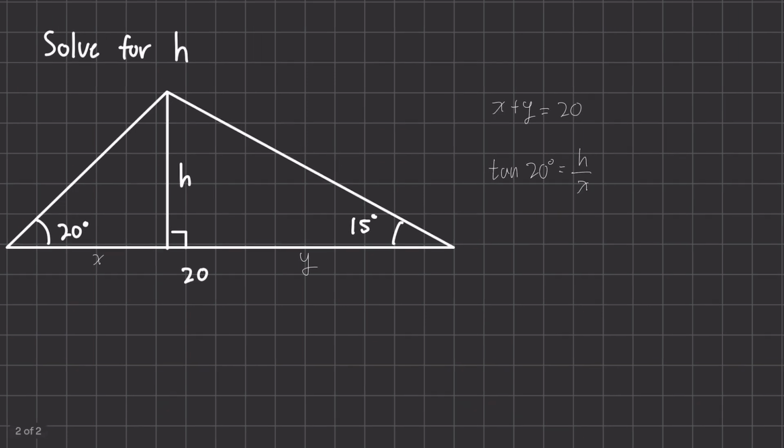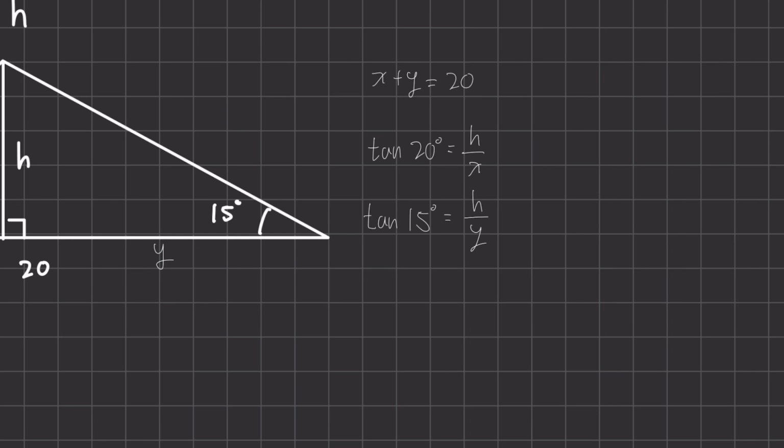So we know that tangent is equal to opposite over adjacent, therefore we get h over x. And now, doing the same thing for this side, again, h is opposite to the angle and y is adjacent, therefore we must use the tangent function. Opposite over adjacent in this case is h over y.